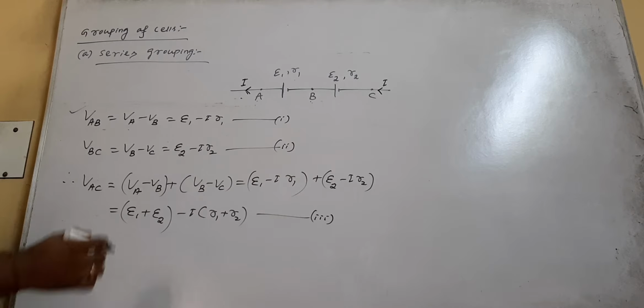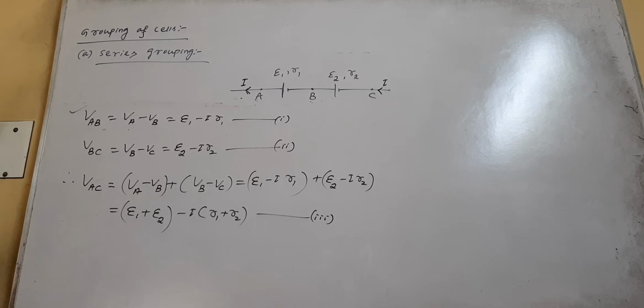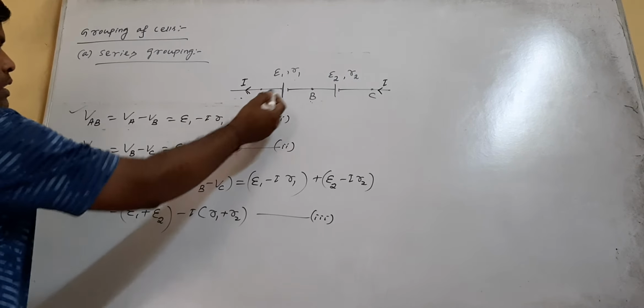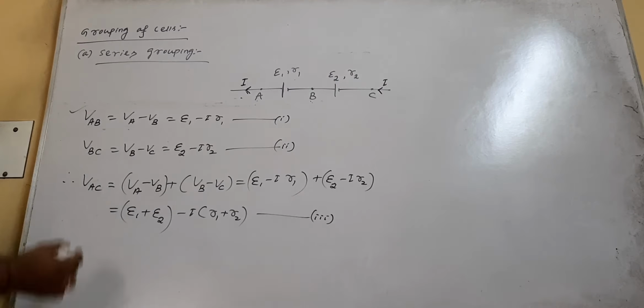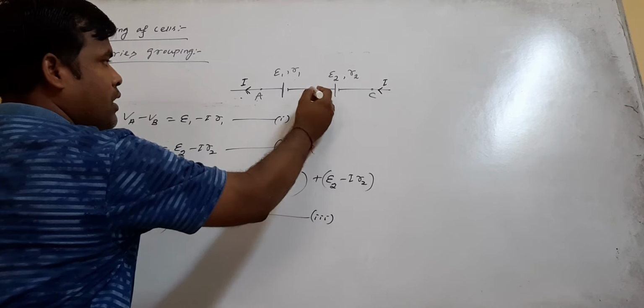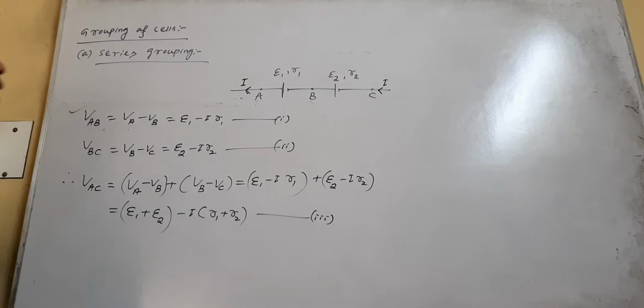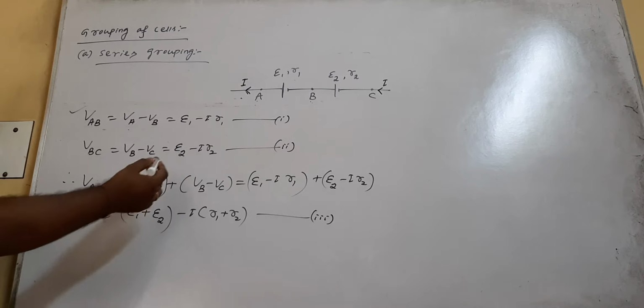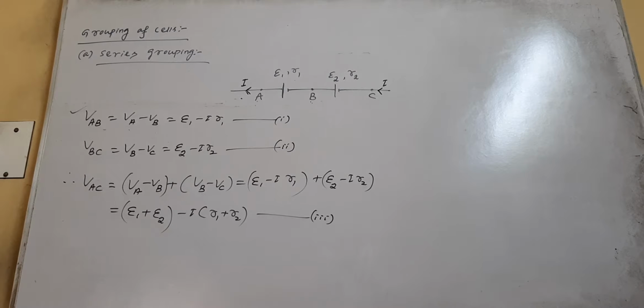You know, for discharging of a cell, the terminal potential difference is EMF E minus IR. So it is E1 minus IR1. For the second cell, the terminal potential difference is VB minus VC, that is E2 minus IR2.